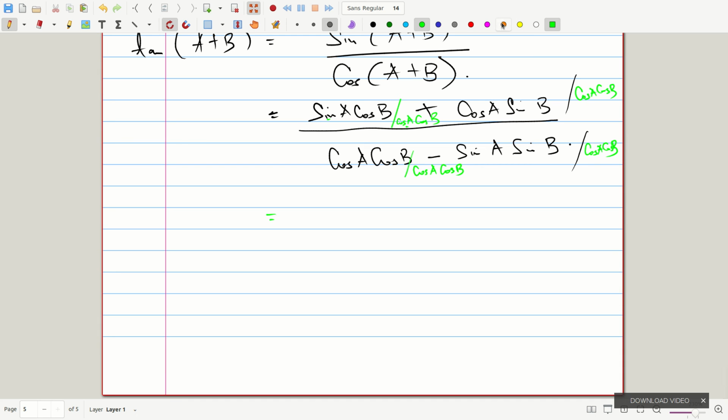Cos B will cancel with cos B, and then we remain with sin A over cos A, which is tan A. Then plus, cos A and cos A cancel, and you have sin B over cos B, which is tan B. Divide by, here we have cos A and cos A, cos B and cos B, so we have 1, and then minus, we can split it: sin A over cos A, which is tan A, and sin B over cos B, which is tan B. This is the result for tan(A+B).